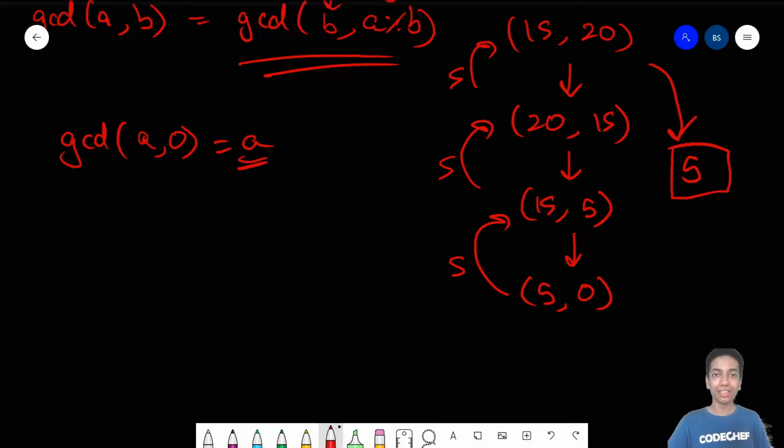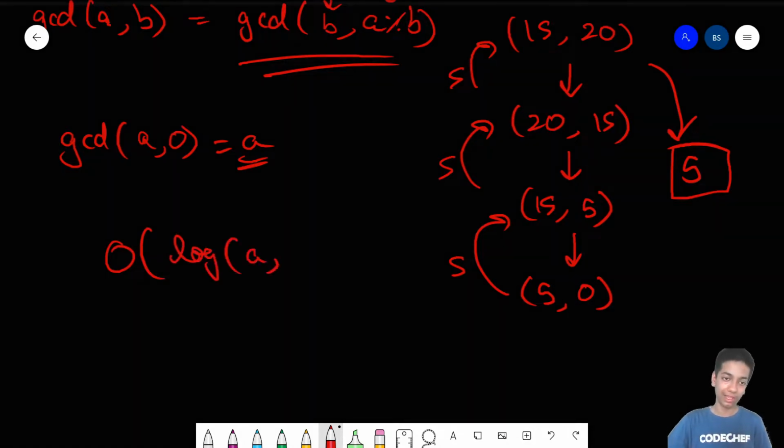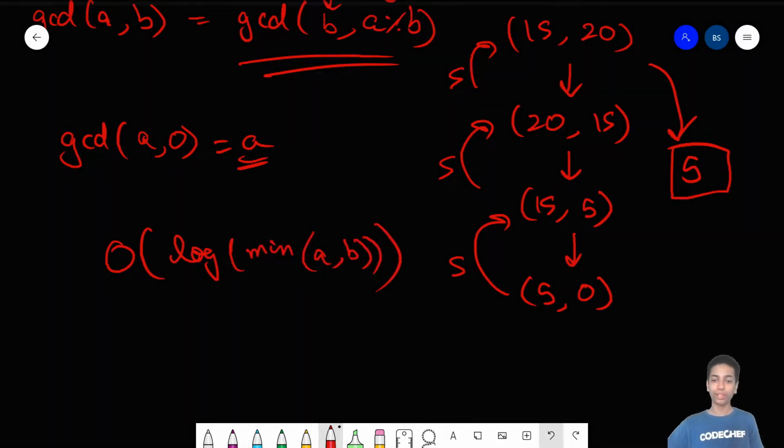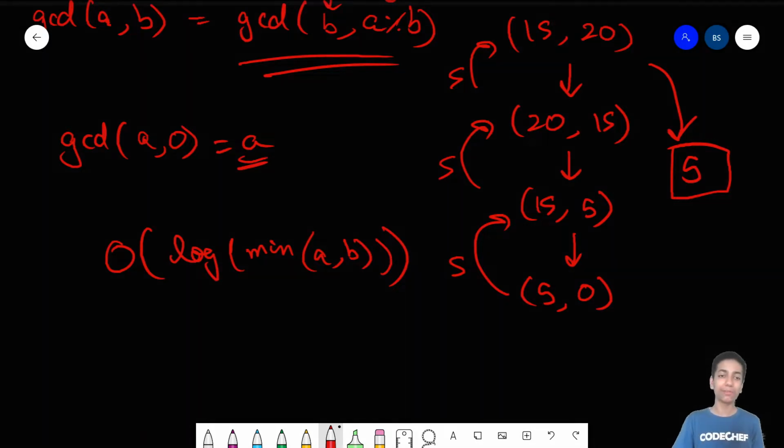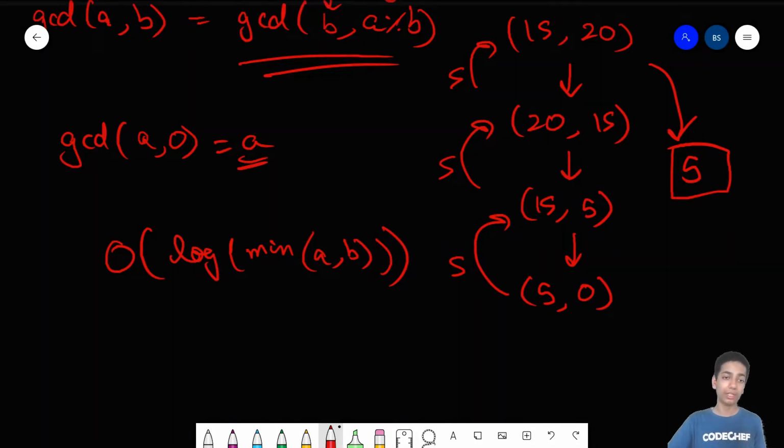The time complexity for Euclid's GCD algorithm is O of log of the minimum of A and B, right? So this is coming from a lemma that uses Fibonacci numbers and then flattens it up into this condition.